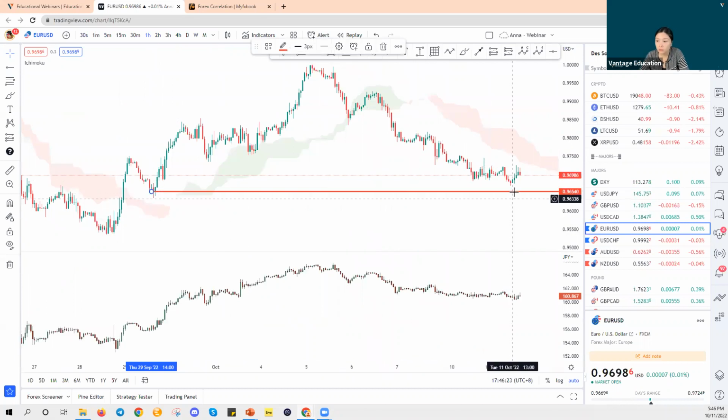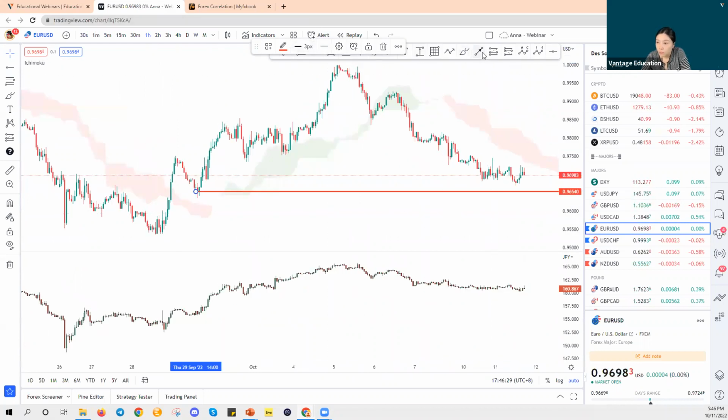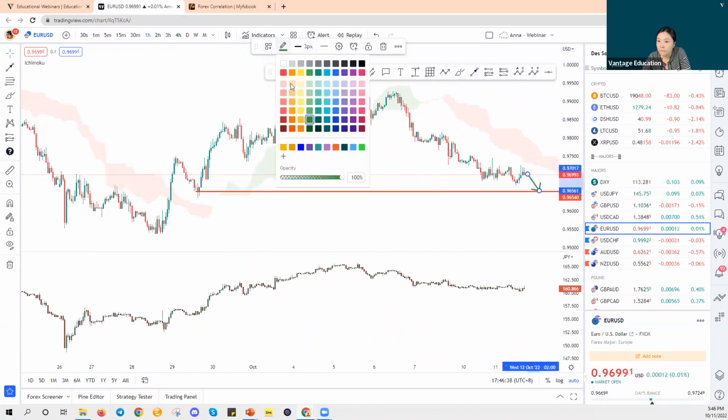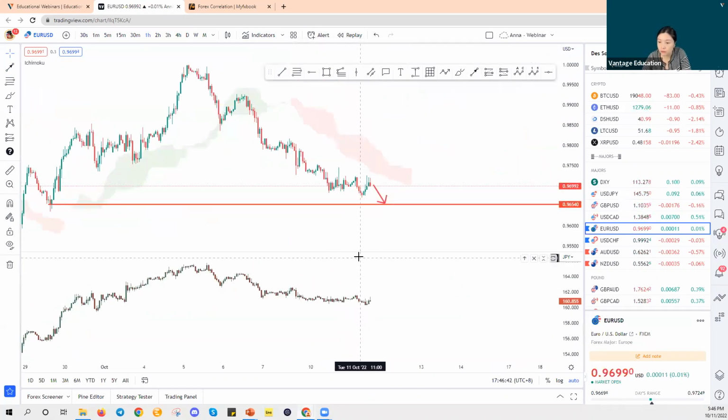So we are looking at a potential breakout maybe at this level here. Okay, if my price actually comes down here first.